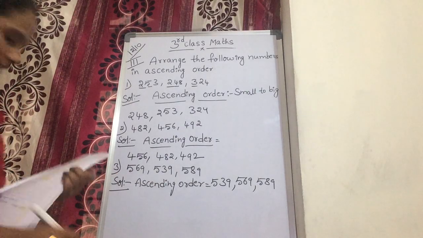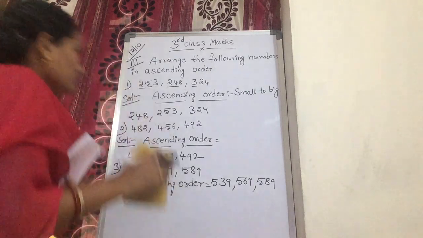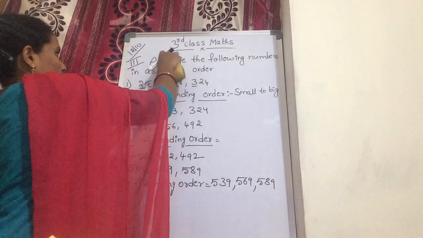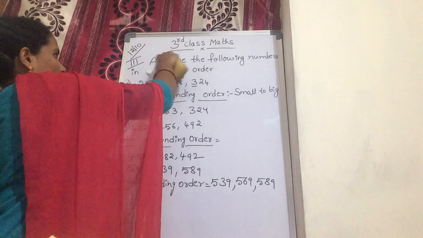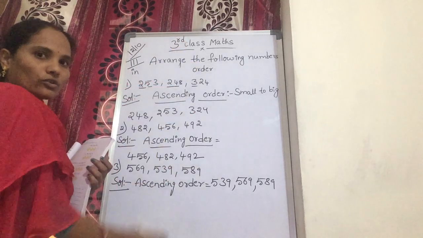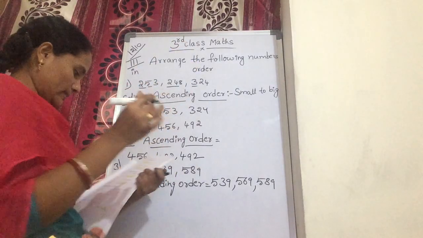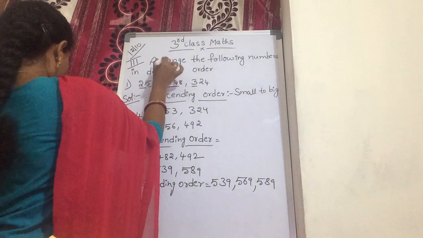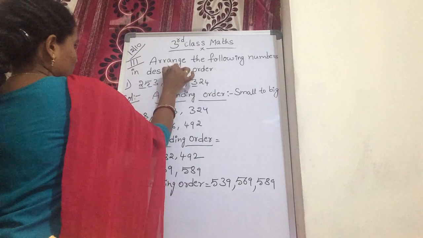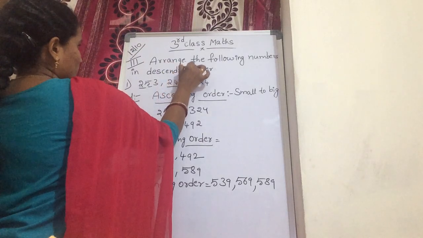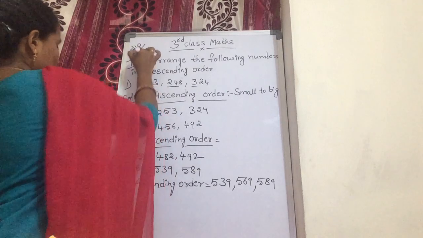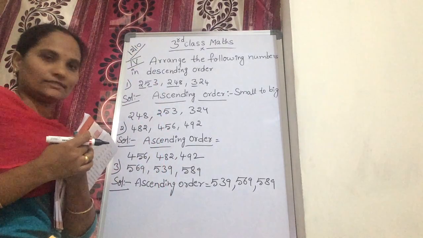Next one, descending order. You copy this. Next I will explain the descending order. This is our fourth bit. You copy that.